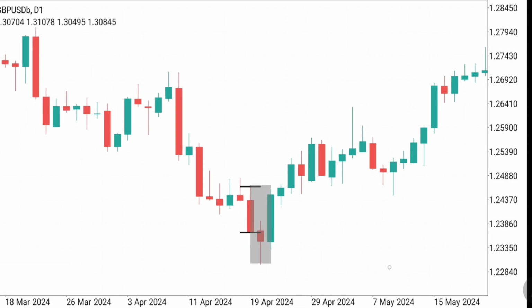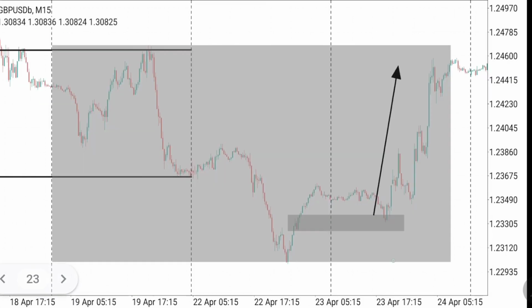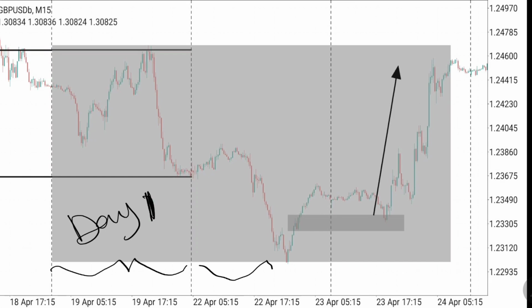So we shade it as usual in order to see it clearly on a lower time frame. You can see on a lower time frame, this is day one. As I told you, I activated the period separator in order to identify each day.